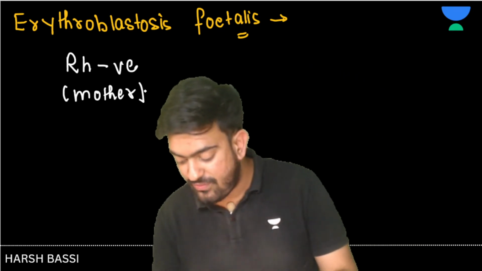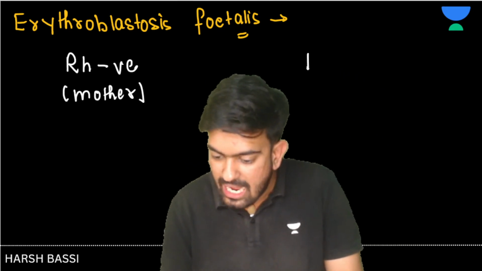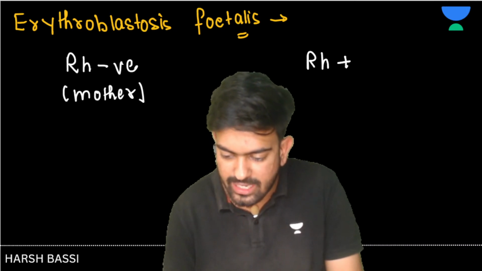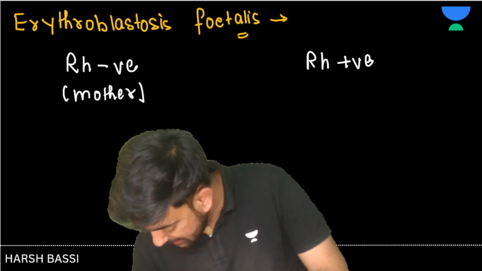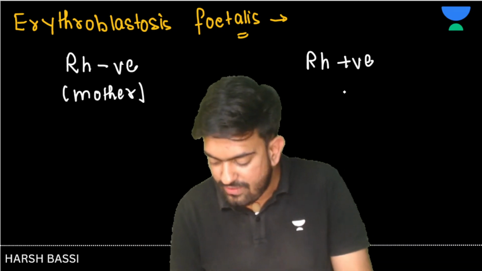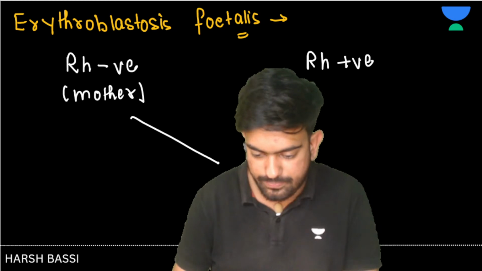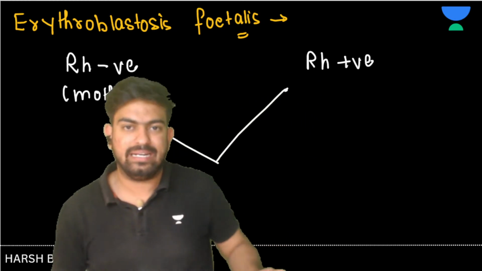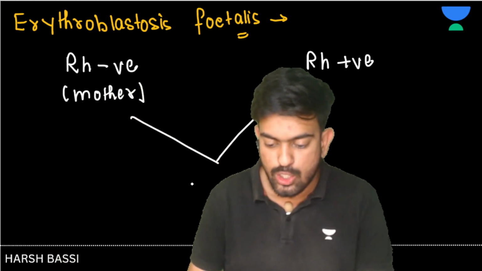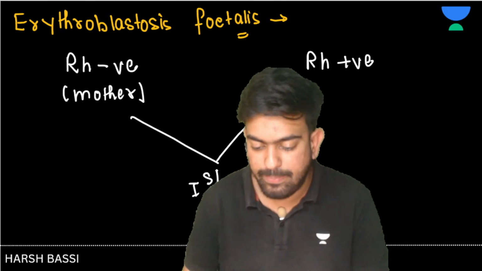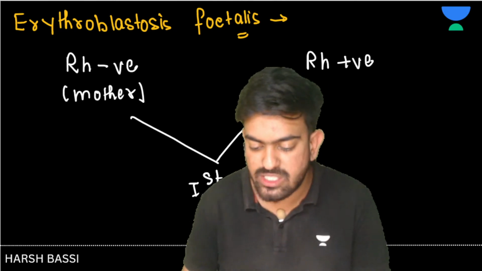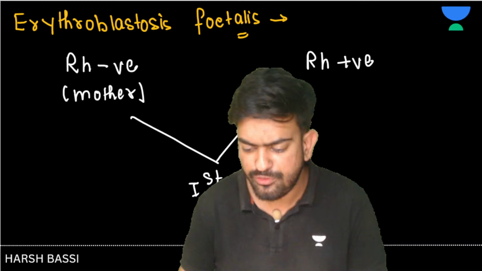And the father is RH positive, right? Now, they got married and they got pregnant. So first time, that means first child will have no problem.